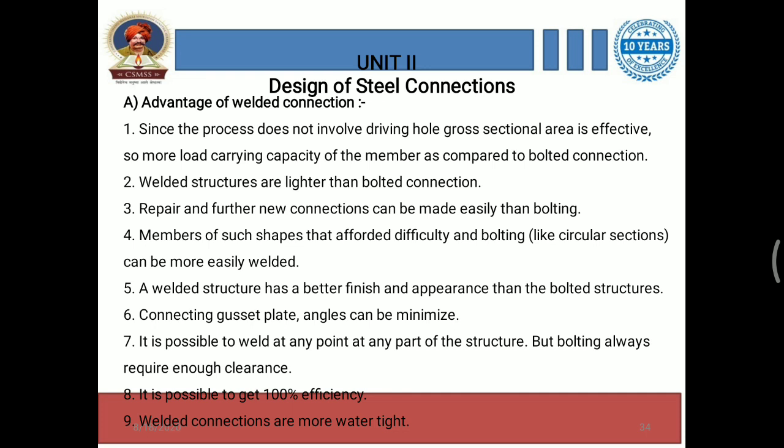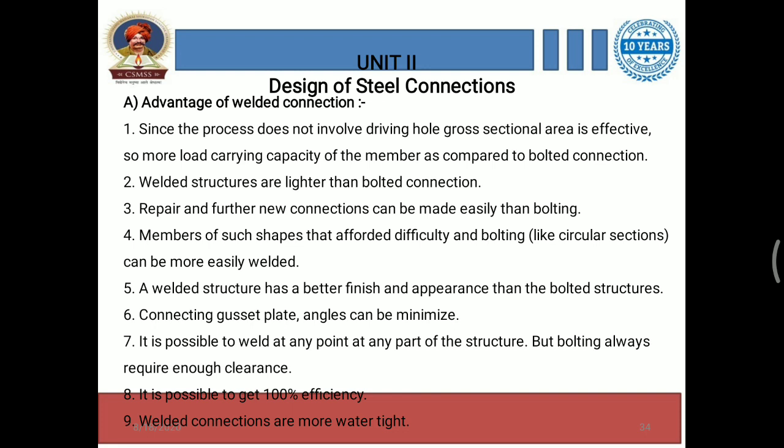So let's see one by one. Since the process does not involve drilling holes, the cross-sectional area is effective, so there is more load carrying capacity of the member as compared to a bolted connection.